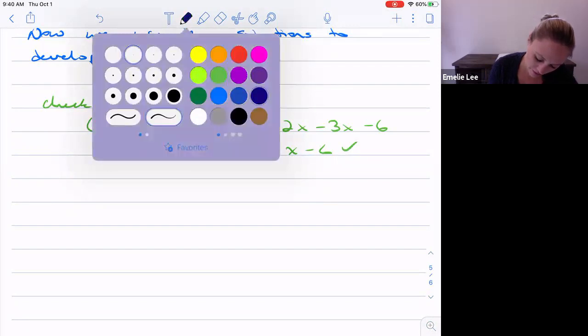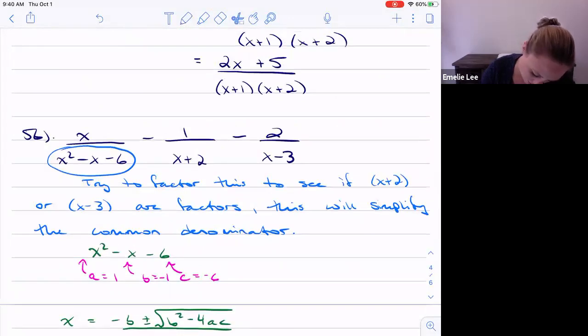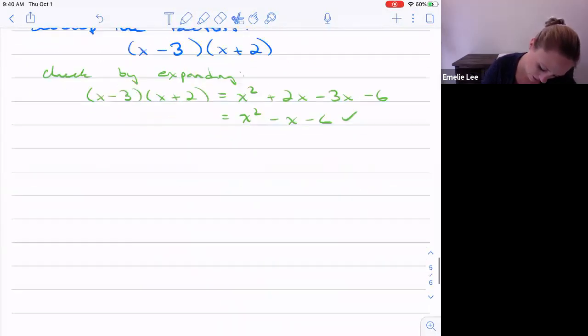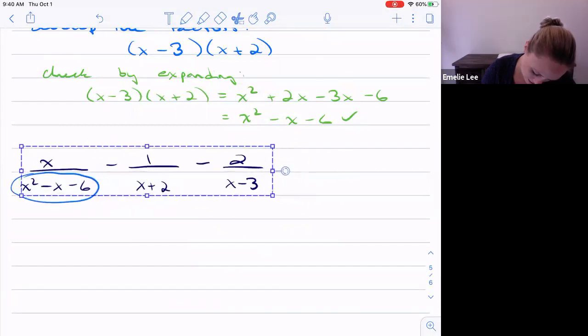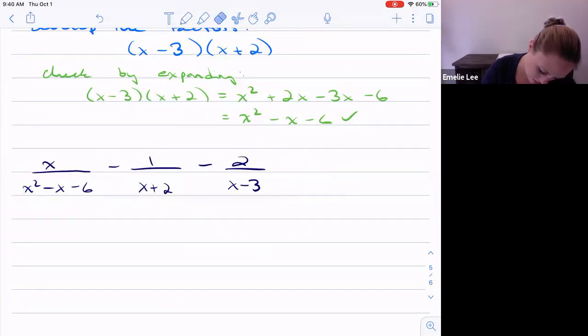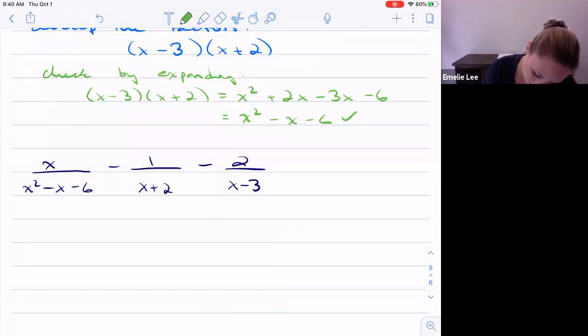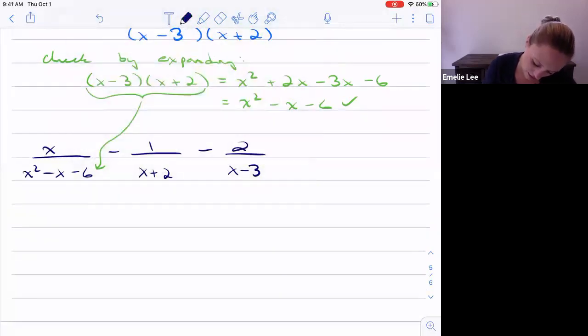So what we can do is take this original thing that we're working on, and I'm just going to steal it here. Copy. Paste. So what we're going to do is replace this here, since they're equivalent.